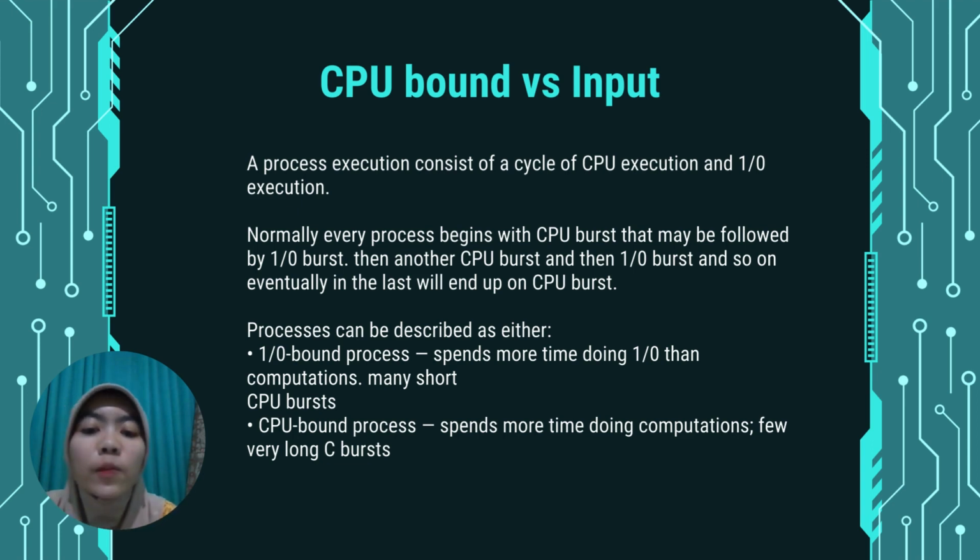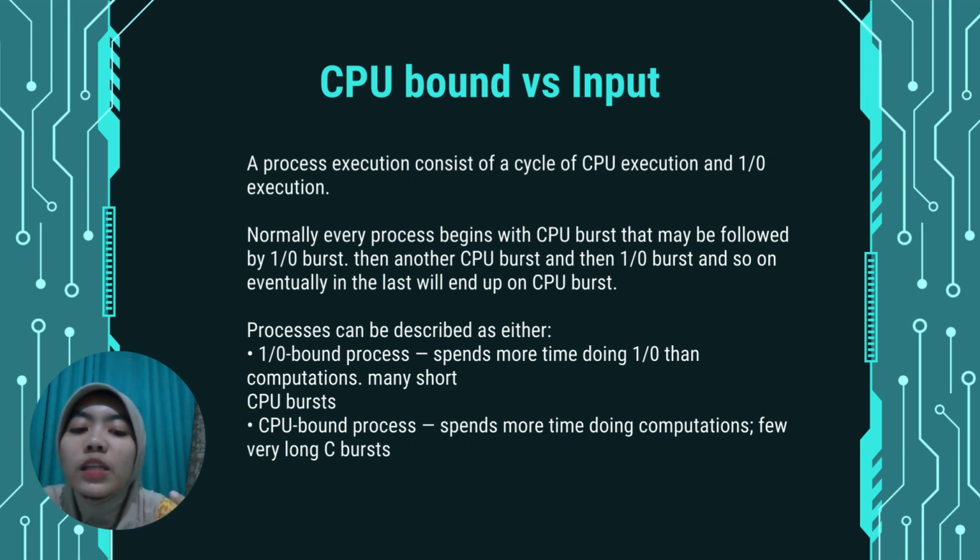In summary, CPU-bound processes heavily utilize the CPU for computational tasks and have long CPU burst times, while input or output-bound processes rely more on input or output operations and have shorter CPU burst times due to frequent waiting for input or output operations to complete.